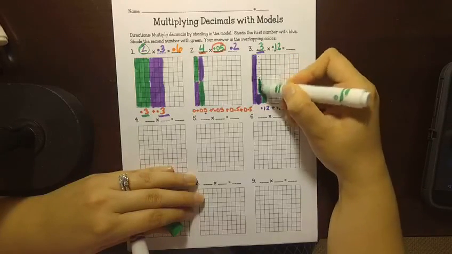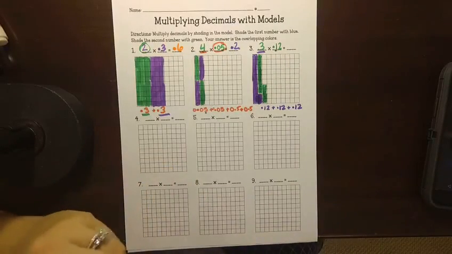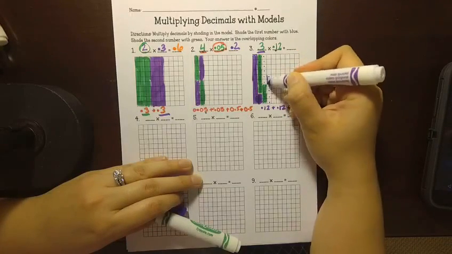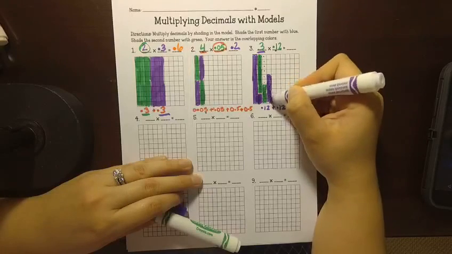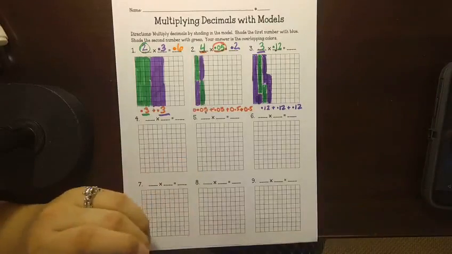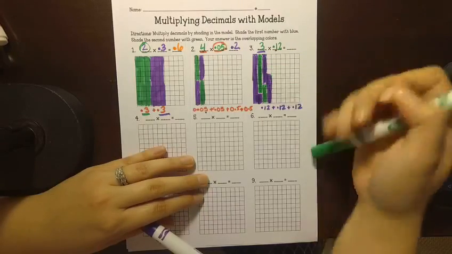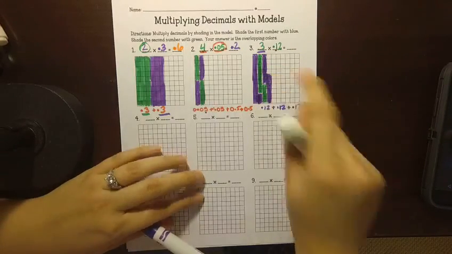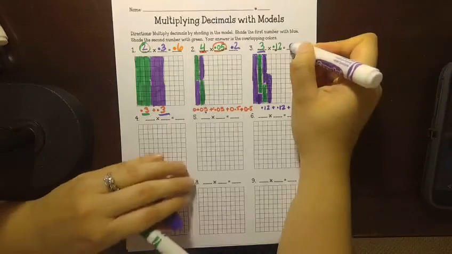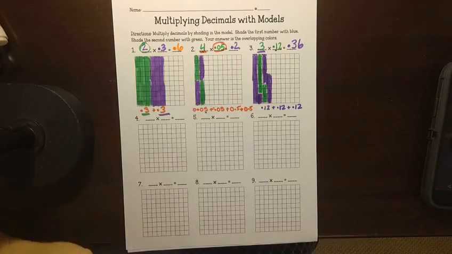Here's my second. And 1, 2, 3, 4, 5, 6, 7, 8, 9, 10, 11, 12. Okay, moment of truth. Let us count. 1 10 rod, 2 10 rods, 3 tenths, and 1, 2, 3, 4, 5, 6. So 3 times 12/100ths equals, you got it, 36/100ths. 3 tenths and 6/100ths. Excellent.